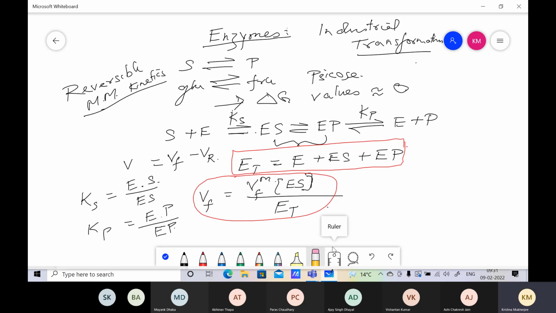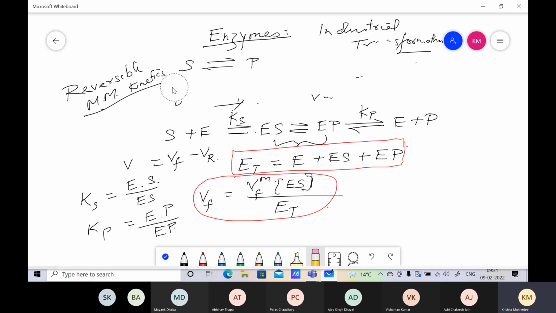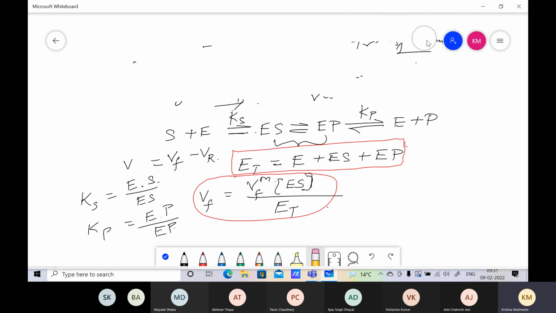Let me start writing, and you people will prompt me because my algebra is very weak. So we write Vf is equal to Vf max, just like Vm, but it's now V forward max, and we write ES as E into S upon Ks.